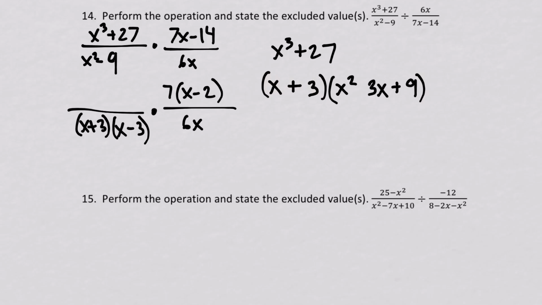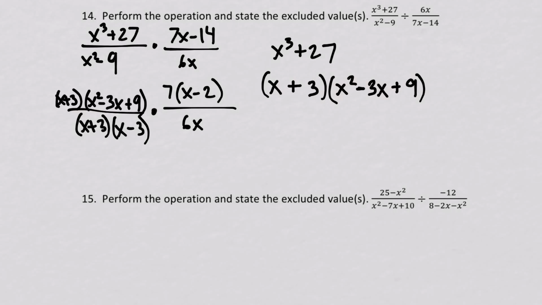And the sign of that one is going to be negative because it's always going to be the opposite of whatever this sign was. So that x plus 3 times x squared minus 3x plus 9, that is the numerator over here. So I'm going to write it over here. x plus 3, let's squeeze it in here. It's barely going to fit. x squared minus 3x plus 9.